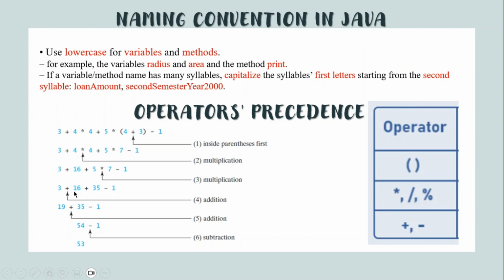Then we need to start with the addition and subtraction. Then the first addition is here, so we finished it. Then it will be between this and this, and then lastly it will be the last operation from, or the first operation from the right.